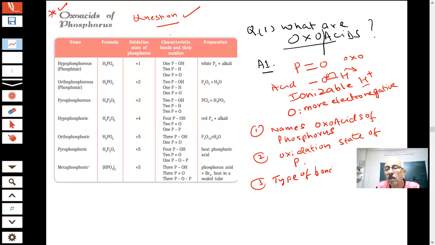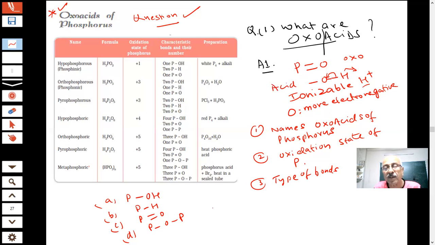There will be P-OH type bonds, P-H type bonds, P double bond O type bonds, and P-O-P type bonds. So POH, PH, P=O and POP bonds.